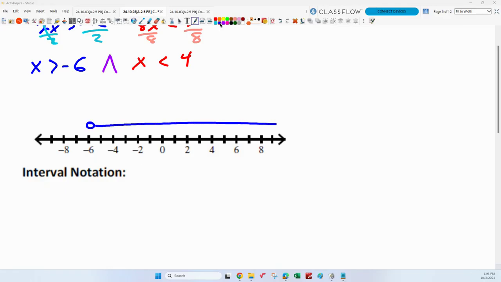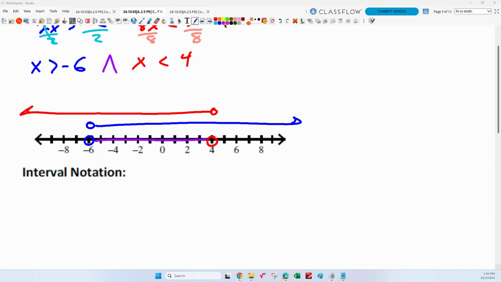The red one is going to be an open endpoint at +4, graphing to the left. So what's the overlapping region going to be then? -6 to 4, exactly. So our endpoints are open at -6, open at 4, and we'll just connect everything in between.